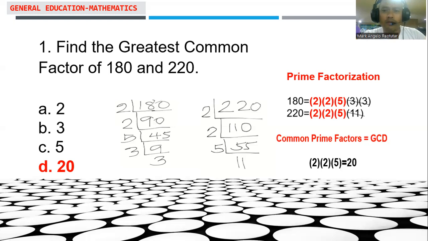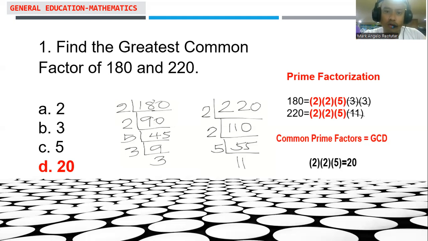So in order for you to find the greatest common factor of 180 and 220, you need the process of prime factorization as shown in the presentation. If we look into the prime factors of 180, it will give you 2 times 2 times 5 times 3 times 3. And if you look into the prime factors of 220, it will be 2, 2, 5, and 11.